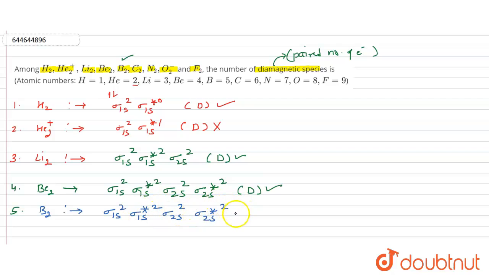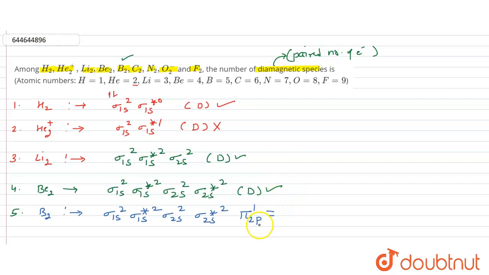Now come to the p orbital. After 1s and 2s comes 2p. Now come to the pi orbitals: this is pi 2p x and this is pi 2p y, each having 1 electron. So now the total becomes 10 electrons, and this is not diamagnetic, because both have unpaired electrons, 1 in each pi orbital, right?